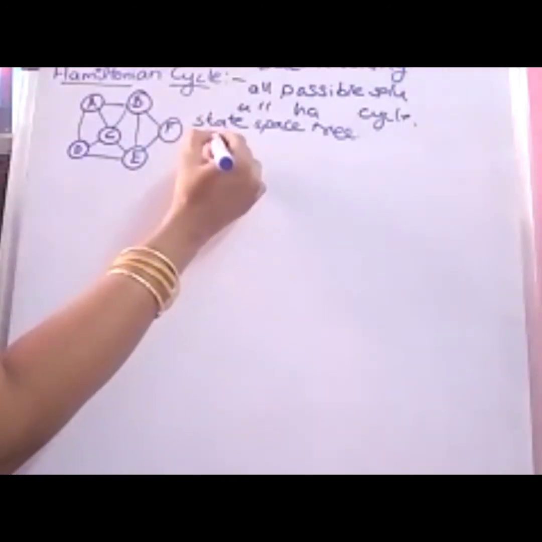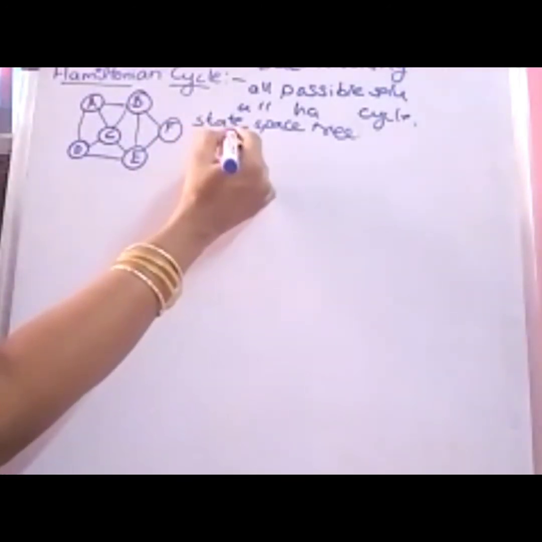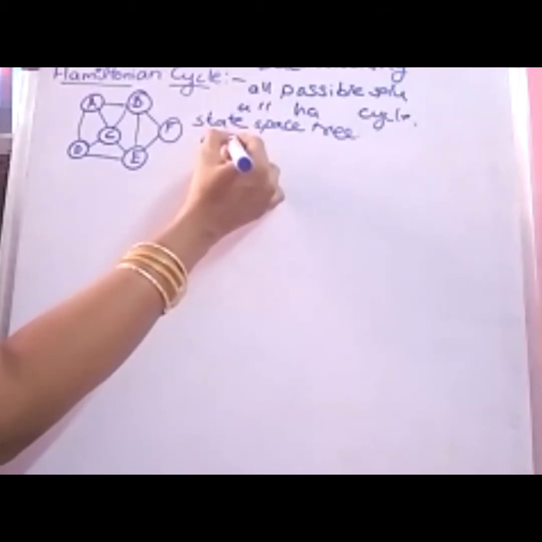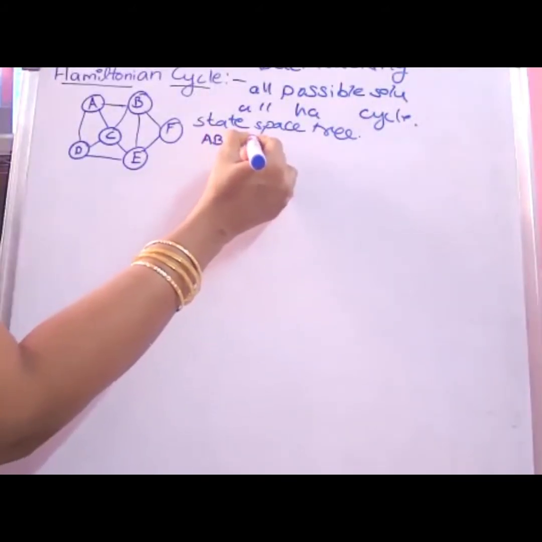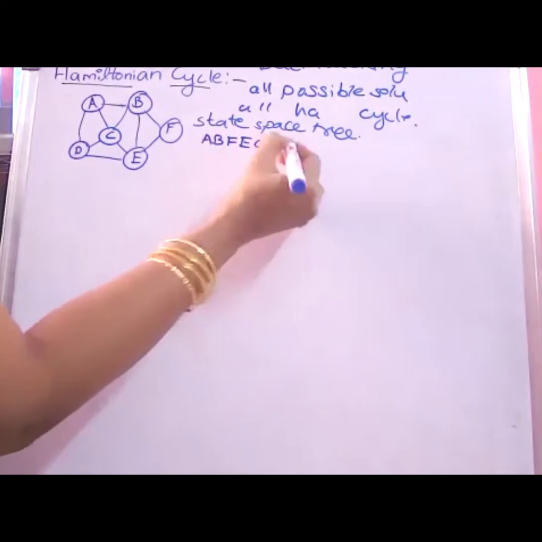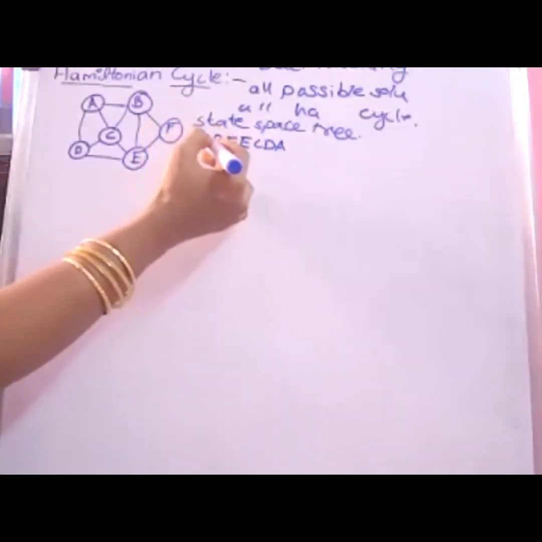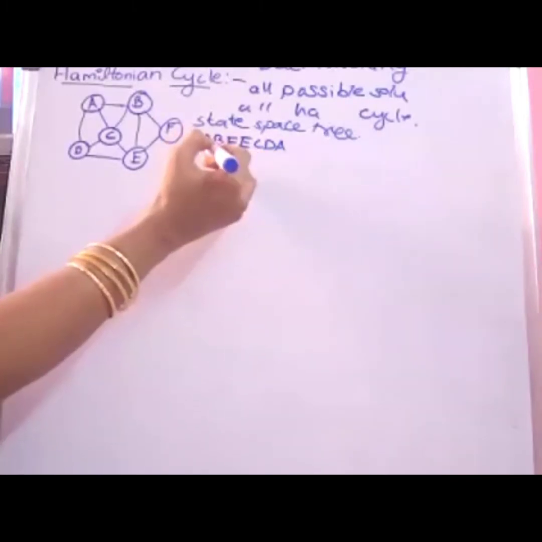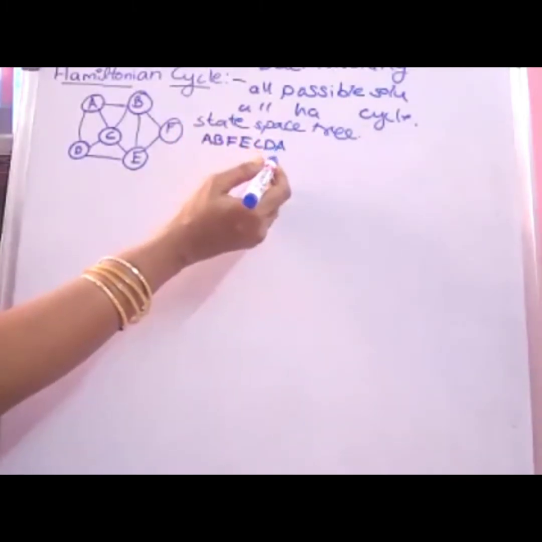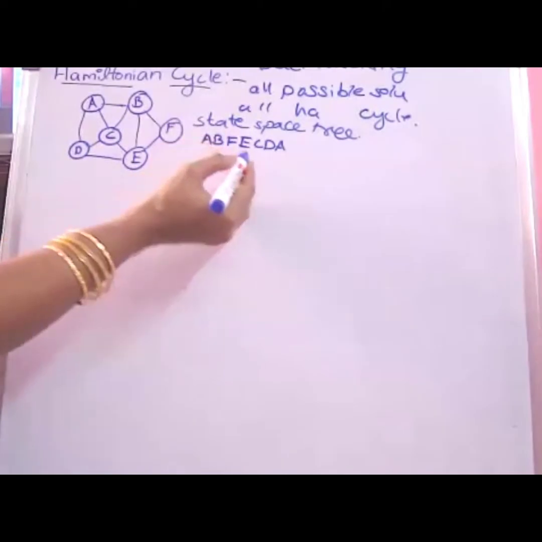Any other possible solutions? Roll number 54 gave one possible solution: A, B, F, E, C, D, A. Check, everyone: is it visiting all the vertices only once in the graph, and are the starting and ending points the same?